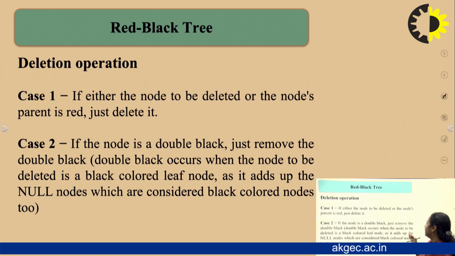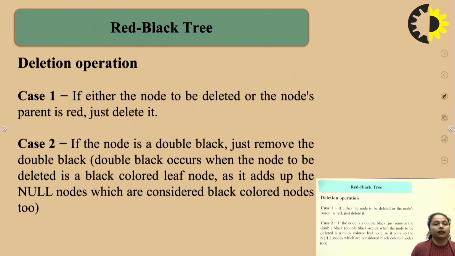So simply a double black node will be created, which we have to further process by using various further cases to remove the double black property by replacing that particular node by its predecessor node or the ancestor node.